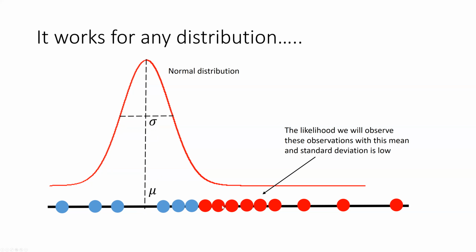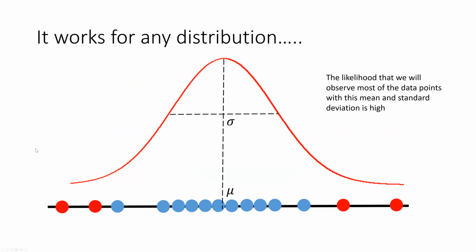But in this case, what we can see is that if we had put in values for the mean and the standard deviation, optimizing those two, we wouldn't have a very good distribution here. So the maximum likelihood distribution has failed. However, if we have this kind of distribution, now we can see that most of the data points are under this curve.